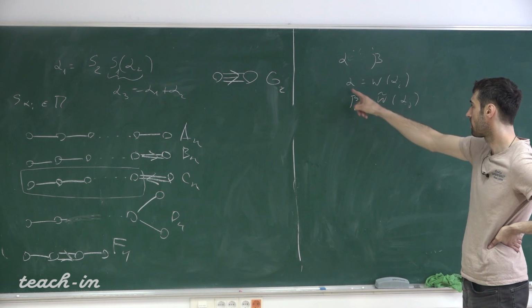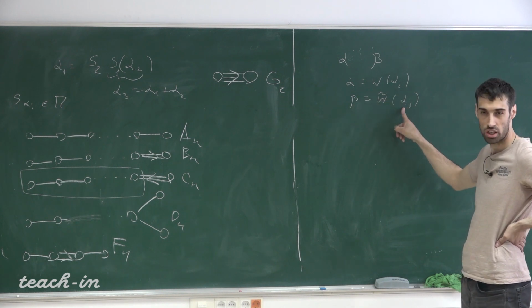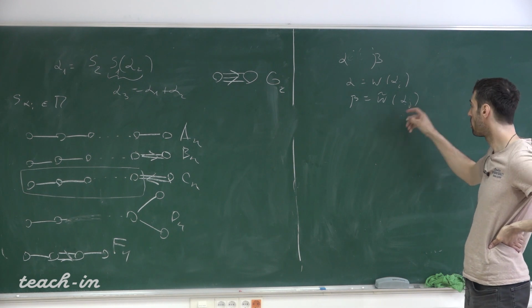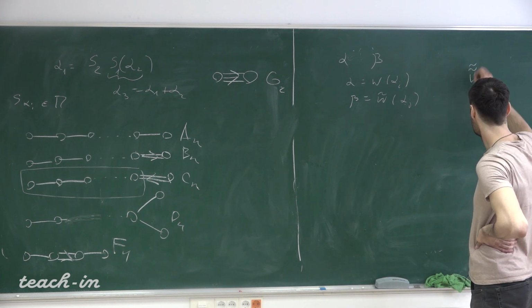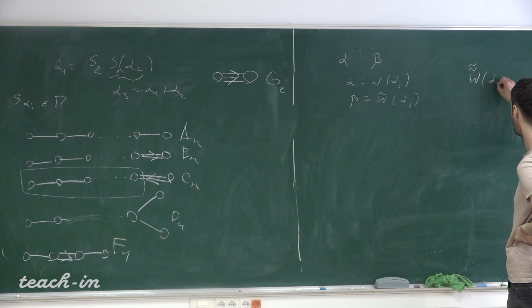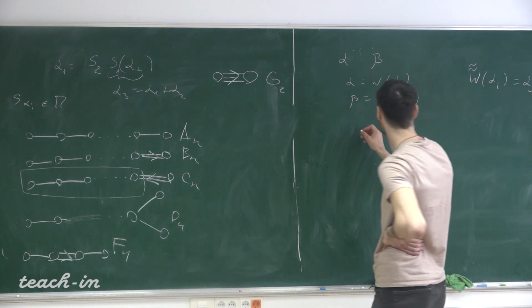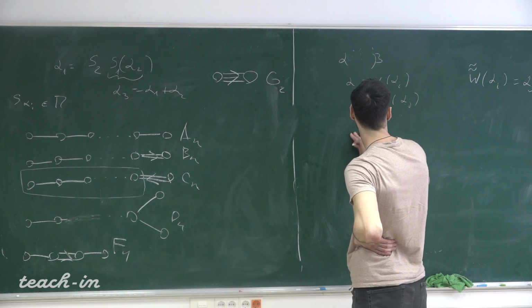So since alpha and beta had the same length, alpha_i and alpha_j have the same length, right? So there exists some W double tilde such that it sends alpha_i to alpha_j.